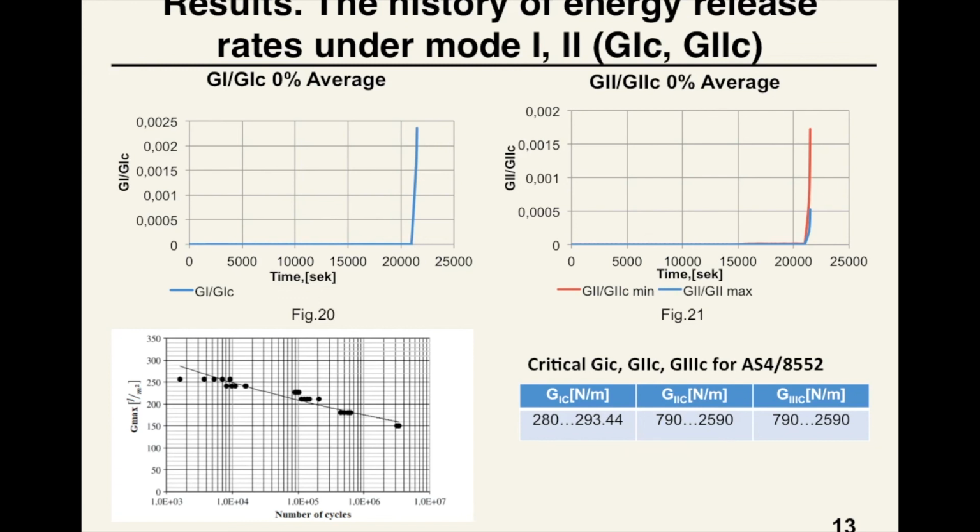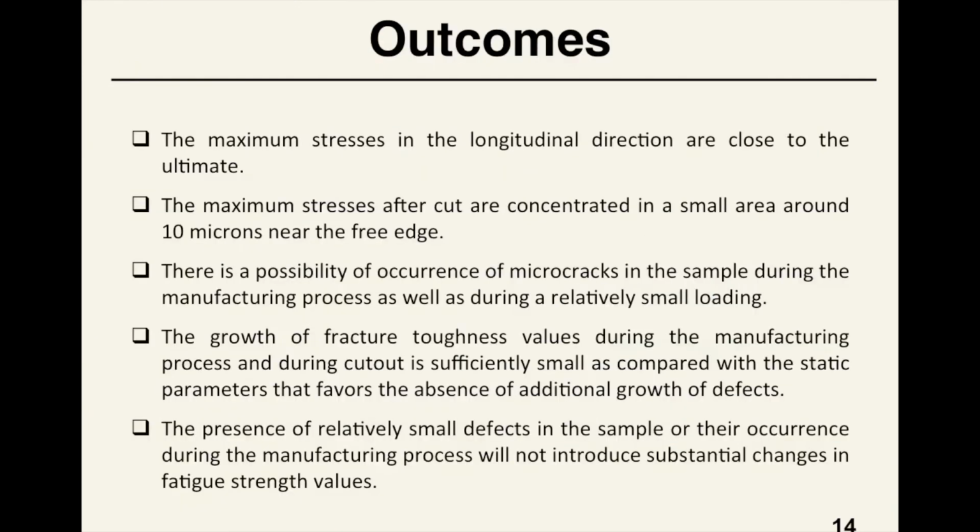Thus, the fatigue characteristics of the carbon-epoxy composite will not change due to the presence of the initial stratification defects. To sum up, in the present study, the effect of residual stresses inherited during manufacturing and of a delamination defect in a carbon-epoxy composite specimen is investigated.